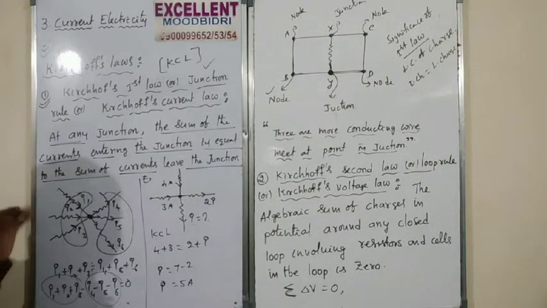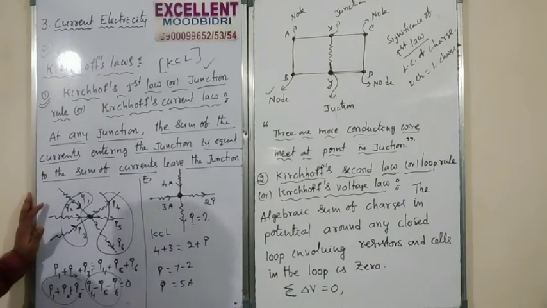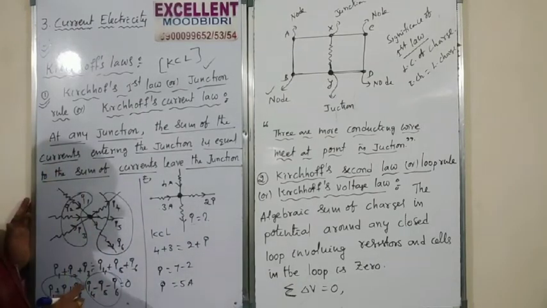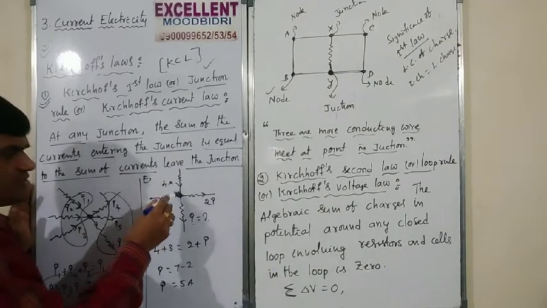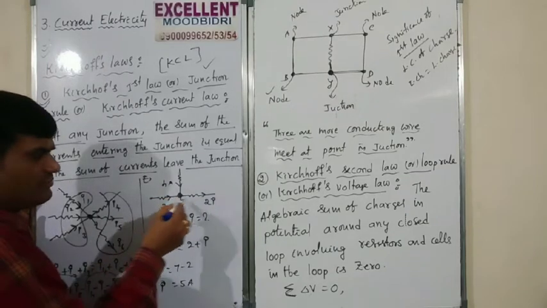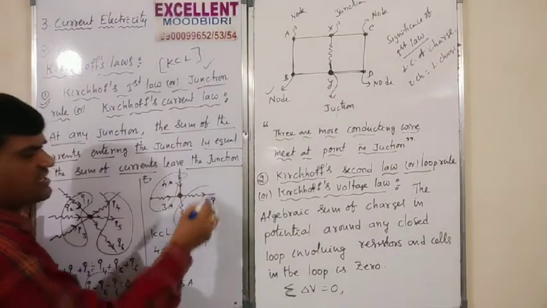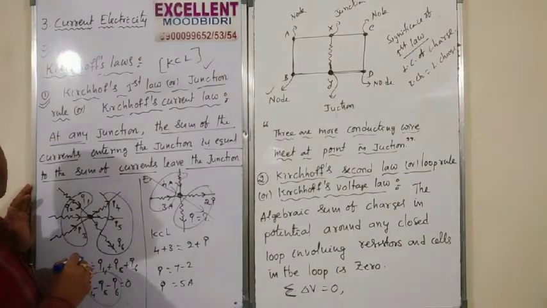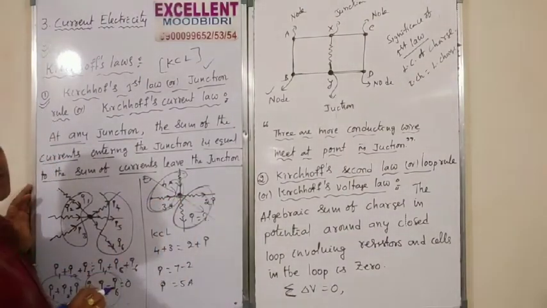This is Kirchhoff's first law, and it also has some significance. What is the significance of the first law? Very important, one mark for this one also. The significance is that the charge entering the junction equals the charge leaving the junction. That means the total charge is conserved. How much charge enters the junction, that much charge leaves from the junction.